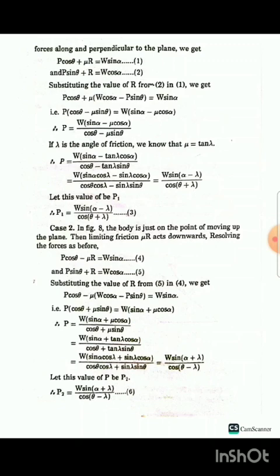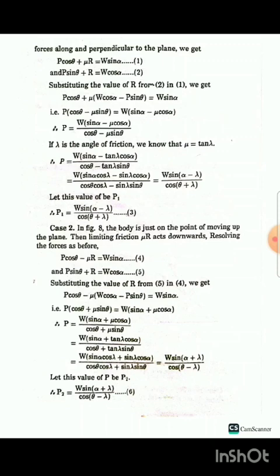We get P(cos θ + μ sin θ) = W(sin α + μ cos α). Therefore, as we need only P, we take the remaining terms to the right side. So P becomes W(sin α + μ cos α) divided by (cos θ + μ sin θ).